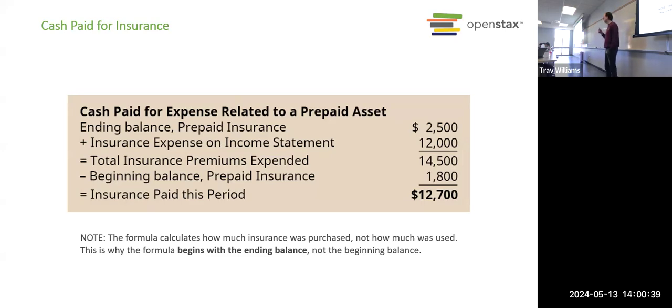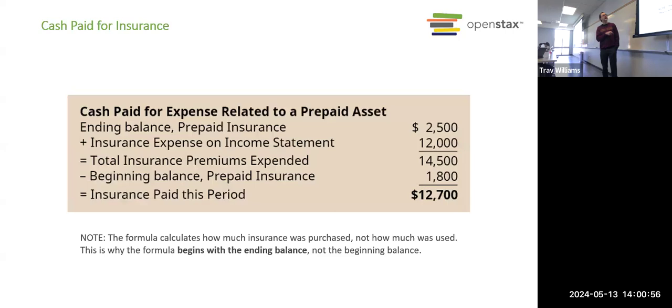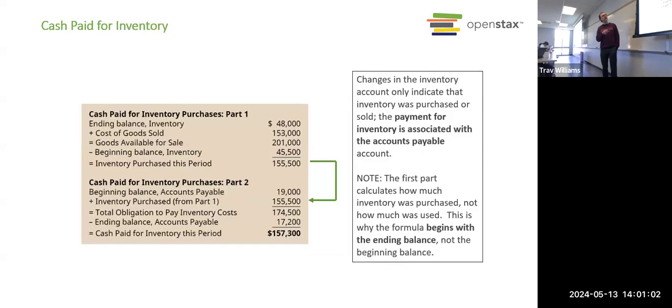So for this direct method, it's really important to pay attention to which formula you use. Is it the one that starts with beginning or the one that starts with ending? In most cases, it's going to be the one that starts with beginning, except like here, where it changes to a prepaid asset or changes to inventory purchases.